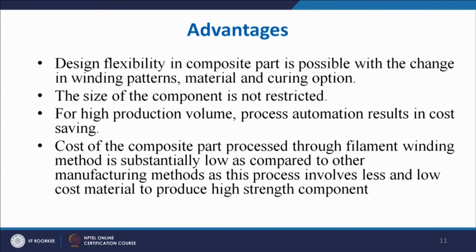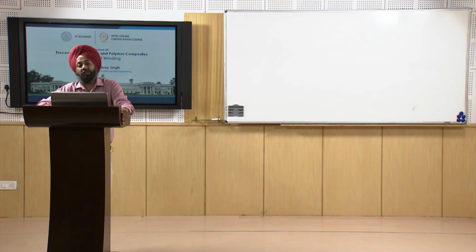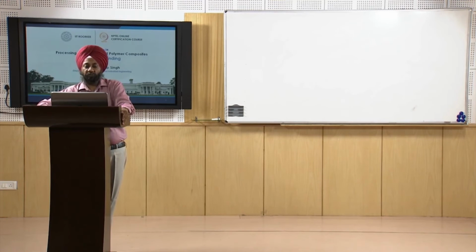Cost of the composite part processed through filament winding method is substantially low as compared to other manufacturing methods, as this process involves less and low cost material to produce high strength component, which is again from industrial engineering point of view, the cost of raw materials involved is less in case of filament winding process.